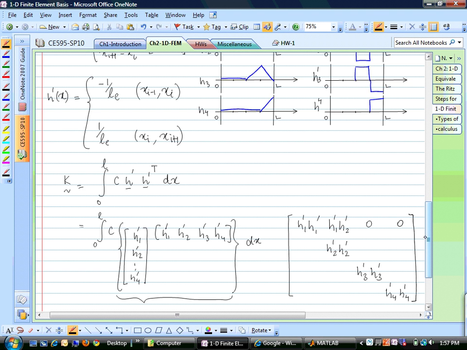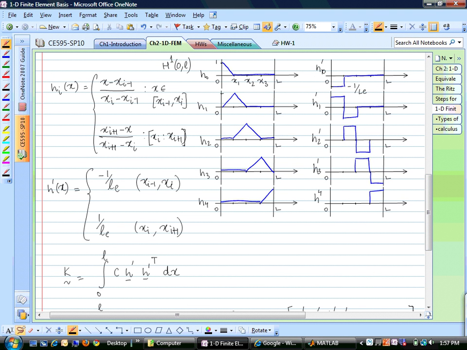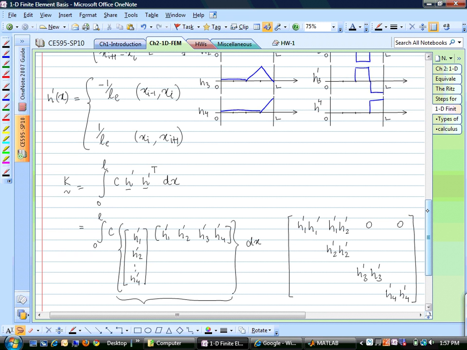How about H2 prime? If I pick H2 prime and try to calculate which functions contribute to the H2 prime term, we see that only the H1 prime and the H3 prime have a common region with H2. So these are the terms that will be non-zero for the second row. So that second row will be H2, H3, and this term would be 0.